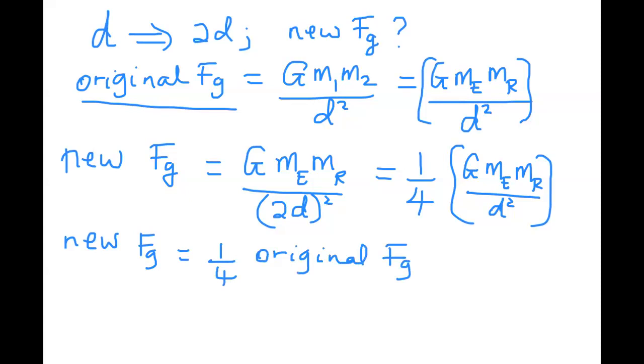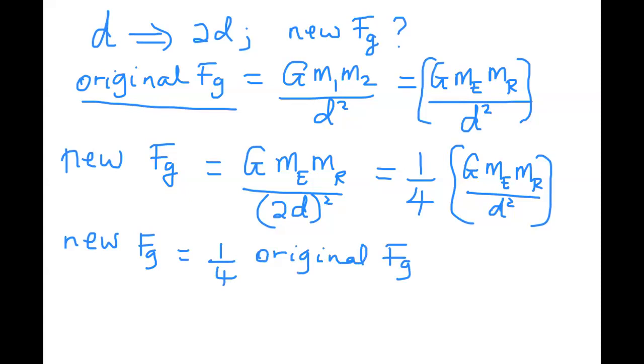Now, to put this simply, the gravitational force on the rocket is 1/4 of the original one.